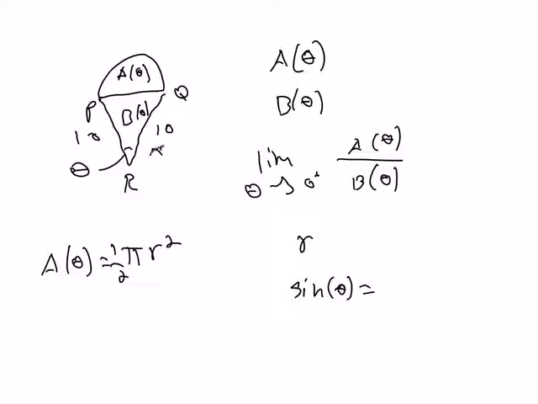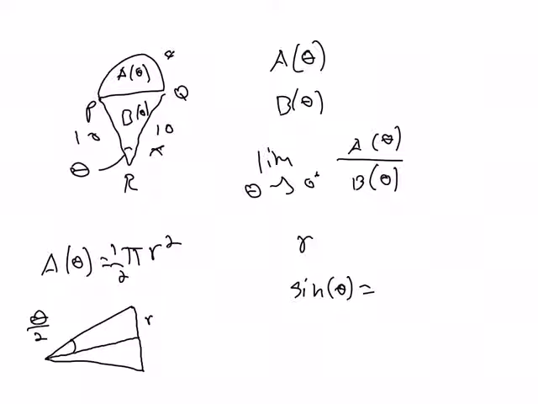We can take this triangle first and look at it something like that, and then just cut this right in half. And this is the radius of the circle, and this over here is the angle over 2.